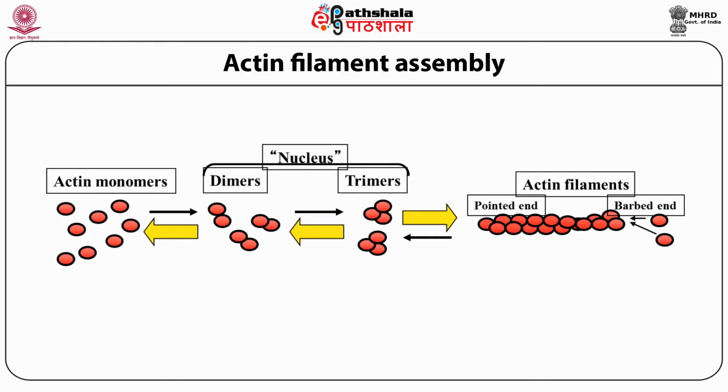Now you can see the F-actin with the barbed end, where G-actin associates much faster, and the pointed end, where G-actin actually dissociates. But in the beginning, the association could be from both sides. Once the F-actin reaches the stationary phase, actin adds at the barbed end and dissociates at the pointed end.